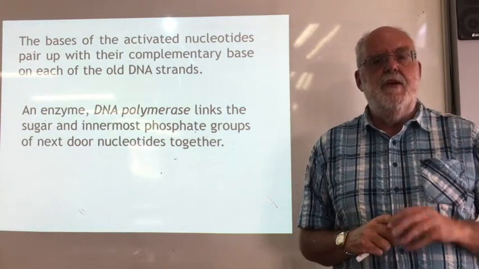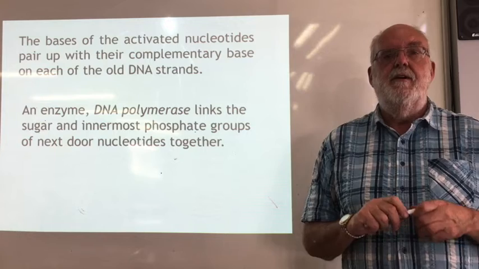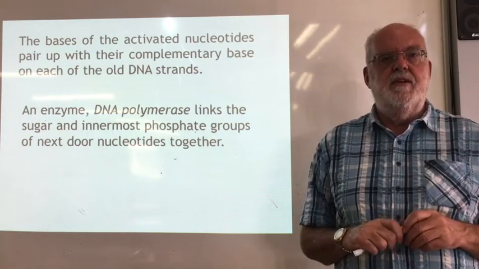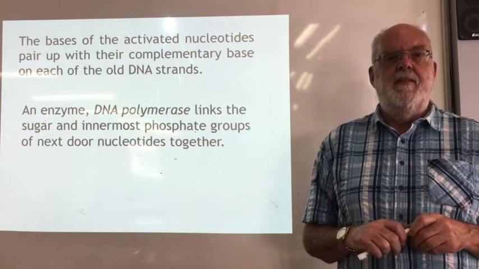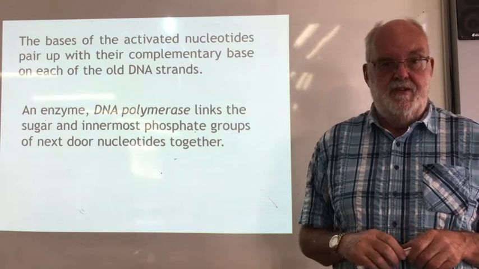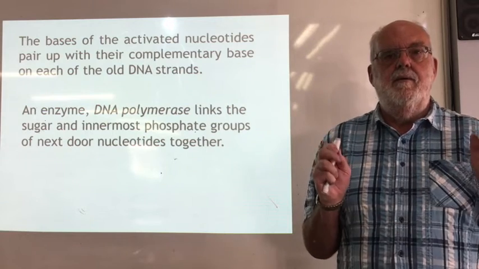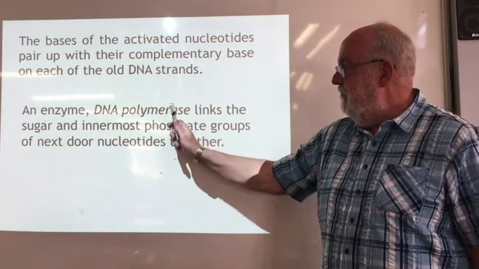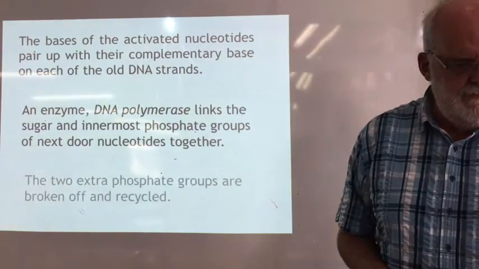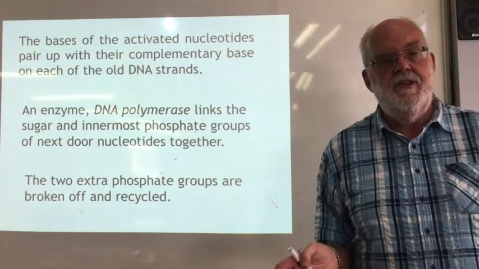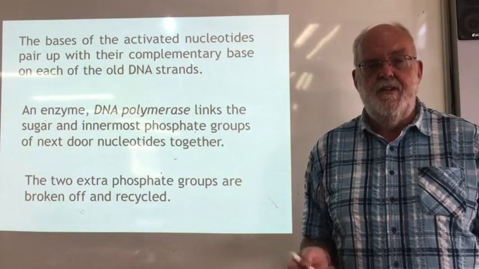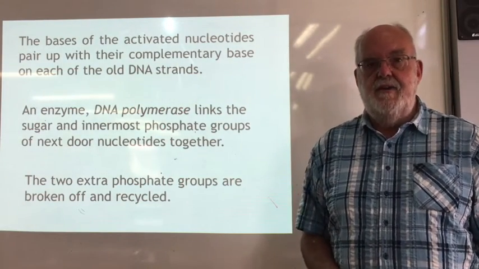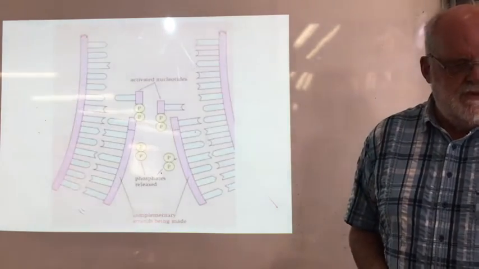So these free-floating nucleotides with their extra phosphate groups line up next to one that it is complementary to, and then the sugars and the phosphates in the nucleotide link together using this enzyme. And then, because there was the extra phosphate to activate it in the first place, that extra phosphate drops off and can be reused to make another activated nucleotide later. So there's the process.